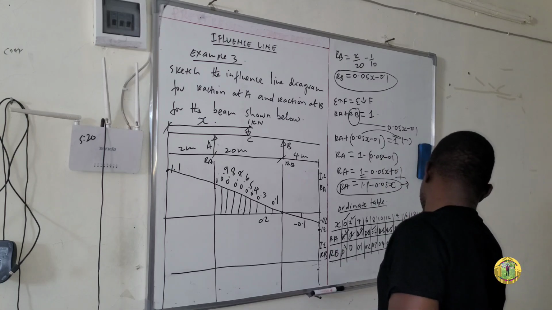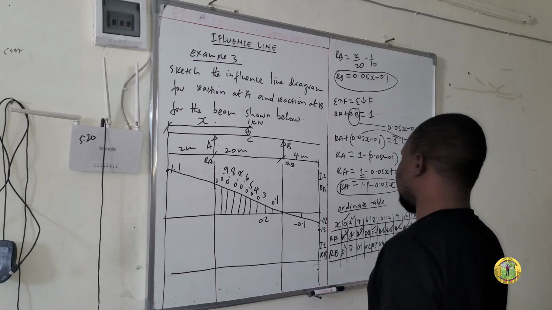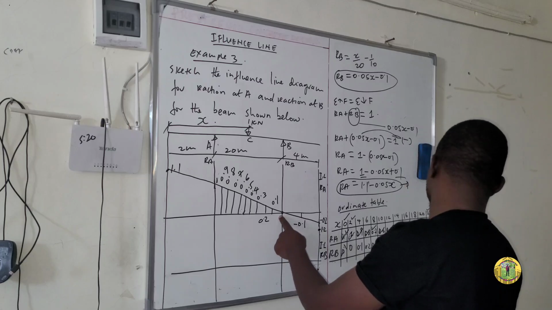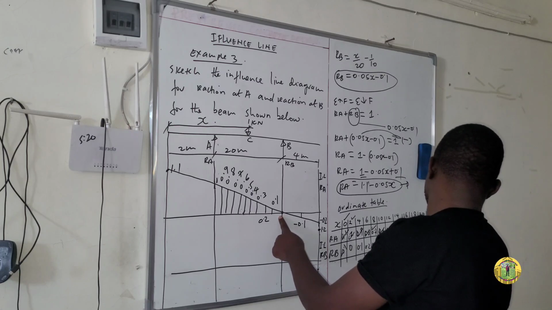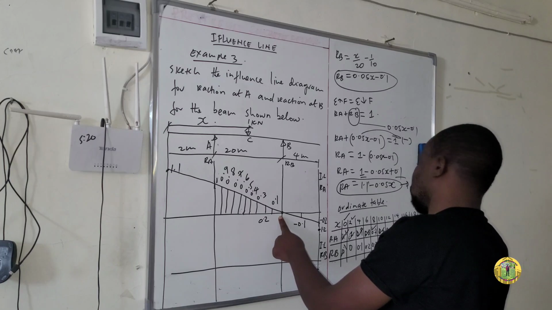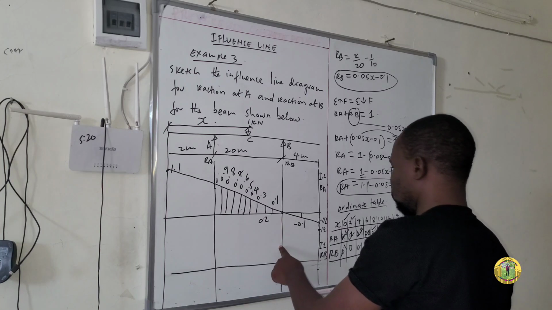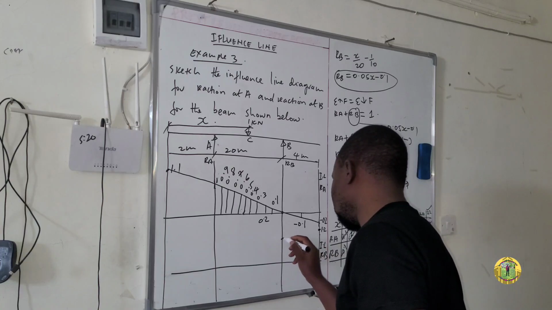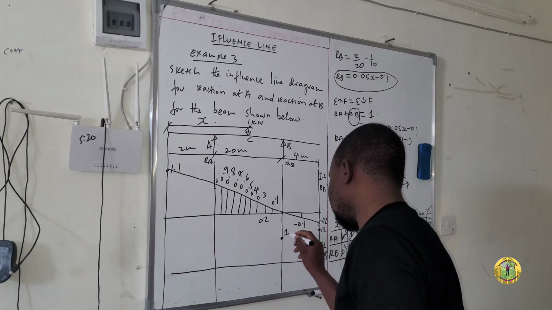So this one done. We'll come to 22. 22 is 1. Somewhere like there, 1.